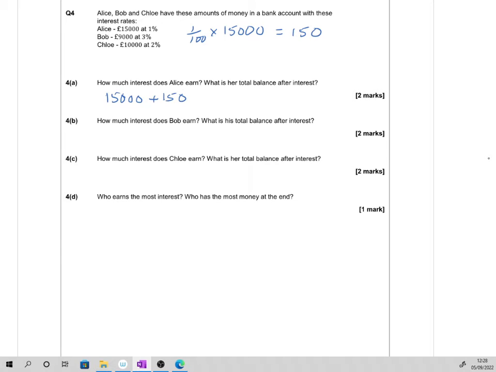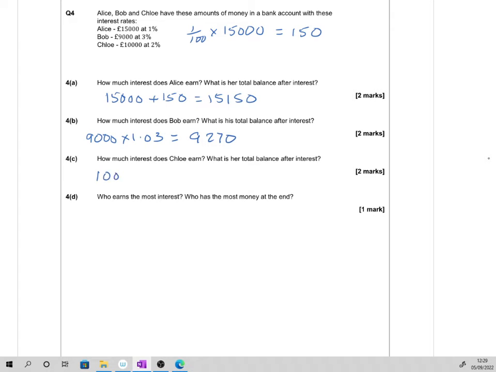So this is equal to 15150. What does Bob earn? Bob earns 3%. So let's do 9,000 times 1.03. Do it that way. So he's got a total of 9270.